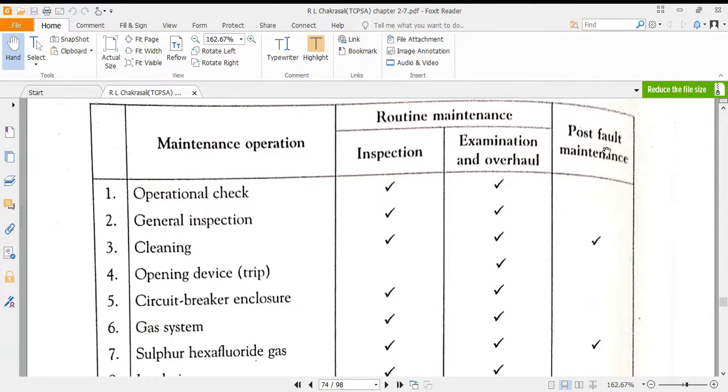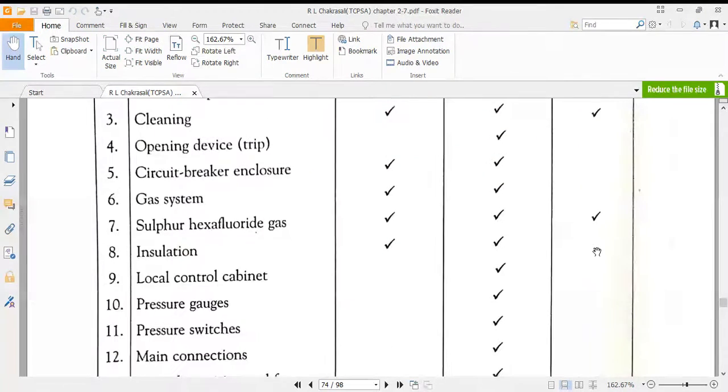Then this is important, what we were discussing. After every fault, the post-fault maintenance is cleaning, number one. Next we have gas inspection, quality and quantity of the gas.